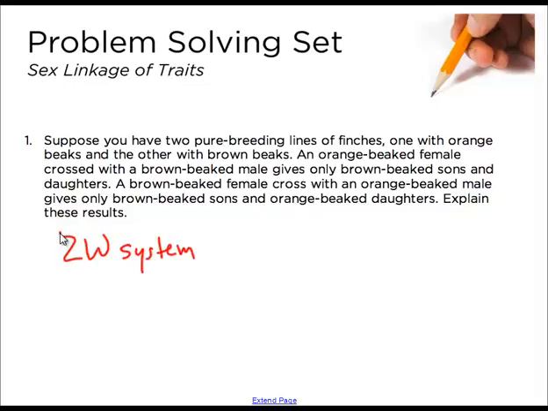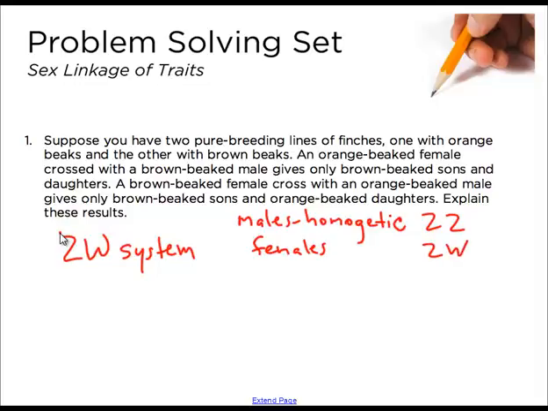In a certain sense, it's the opposite of what we're used to, in that males in birds are the so-called homogametic sex, and that means that males are ZZ and females are ZW.